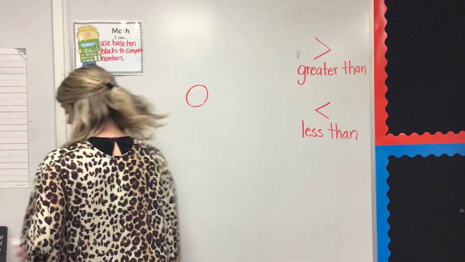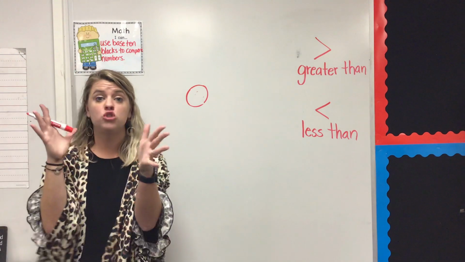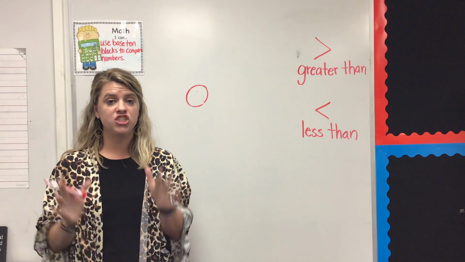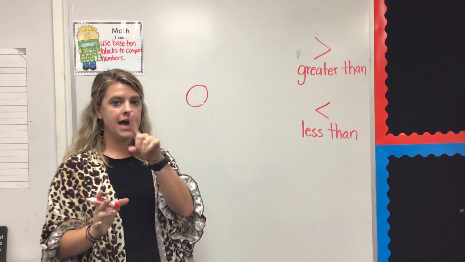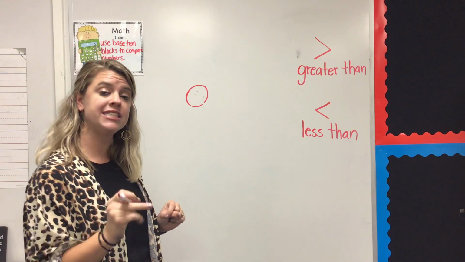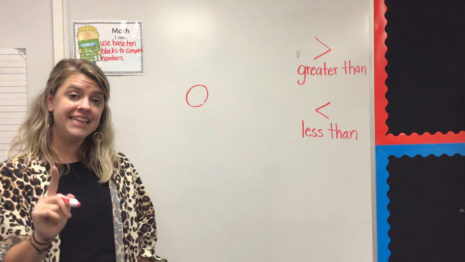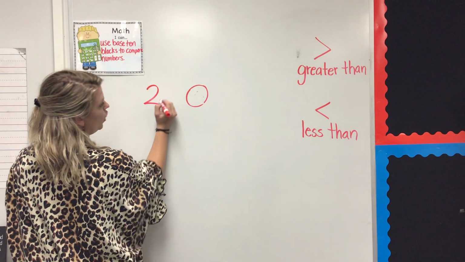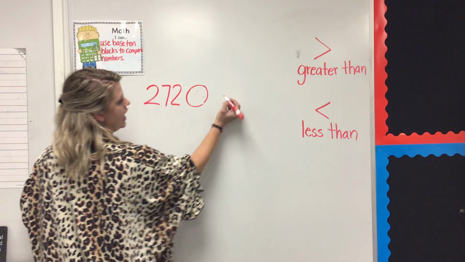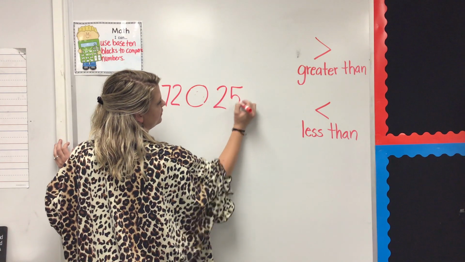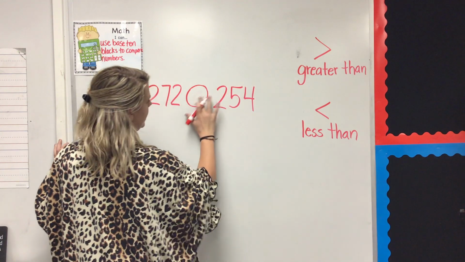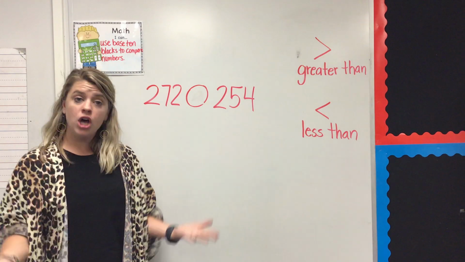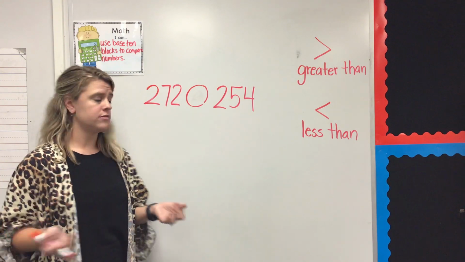Sometimes when we have 3-digit numbers that we're comparing, I'm going to show you, your hundreds digit might be the same. Like in these two numbers, 272 and 254, okay? So I'm going to draw a picture to start with.